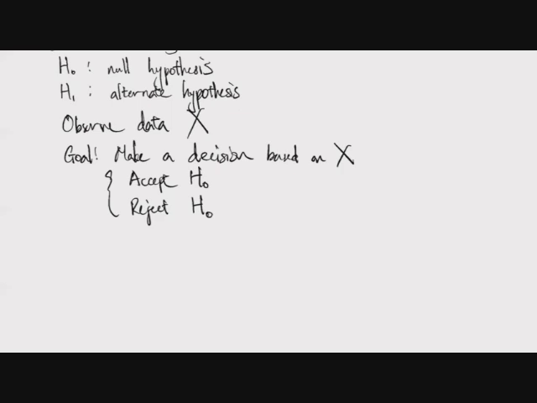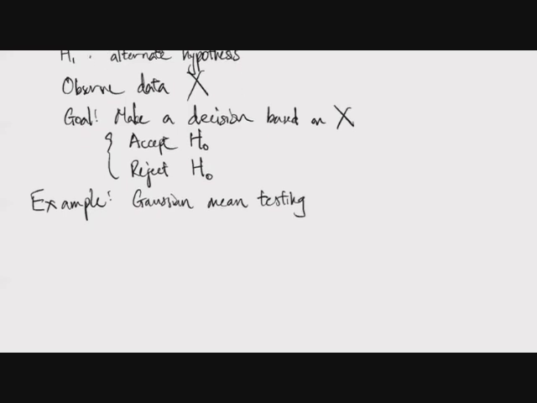Some would say that when you reject the null hypothesis, you accept the alternate hypothesis, although there's probably a lot of debate about that. All right, so enough with the abstract framework. Here's a concrete example of hypothesis testing: Gaussian mean testing. It's a favorite first example.